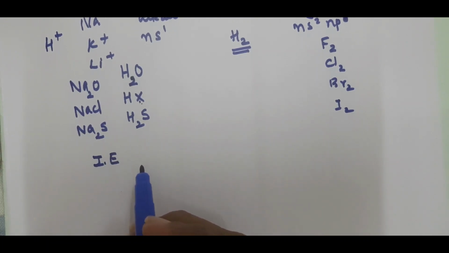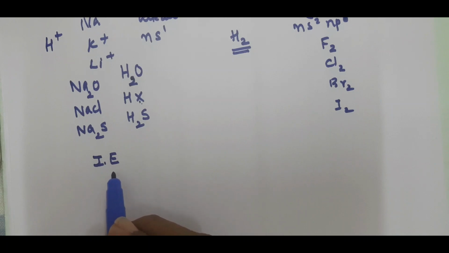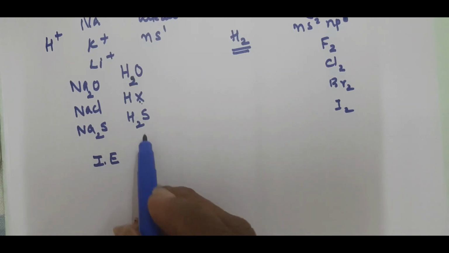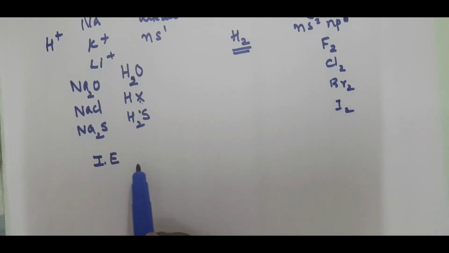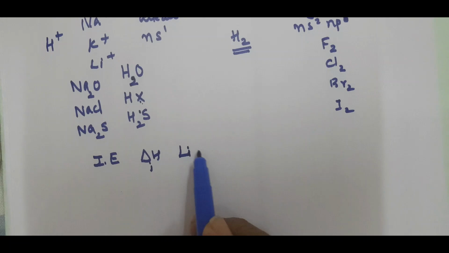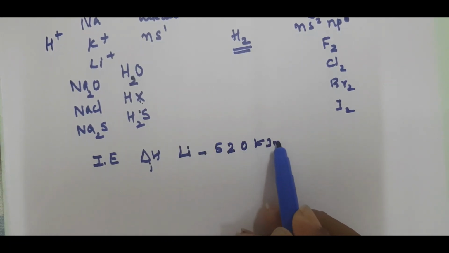The energy required to remove the most loosely bound electron from a gaseous neutral atom, isn't it? So when you compare the ionization energy of hydrogen with group 1 and group 17, for example, if I write the ΔH ionization of lithium, it will be in and around 520 kilojoule per mole.